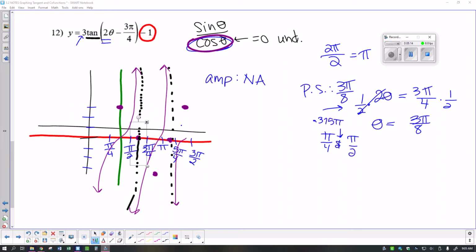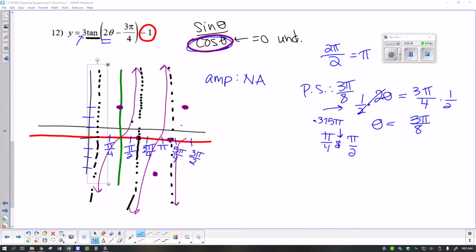Okay, and if you wanted to get even more crazy and add maybe another asymptote in here just so you can finish this off, keep in mind the pattern that's going here. We have a 0, an asymptote, a 0, an asymptote. So there would technically be another asymptote here, okay? And that kind of matches what we have.